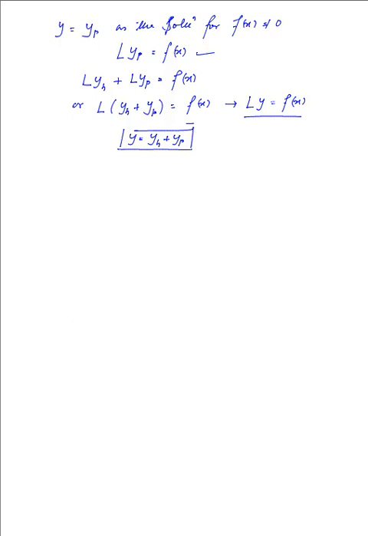The first part being yh, the solution to the homogeneous equation, is known as the complementary function. Then we have yp as the particular solution of the inhomogeneous equation, and therefore it is called the particular integral.